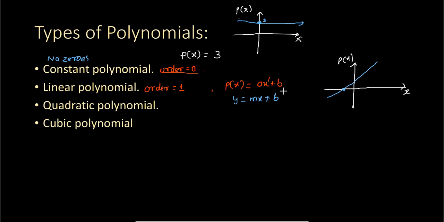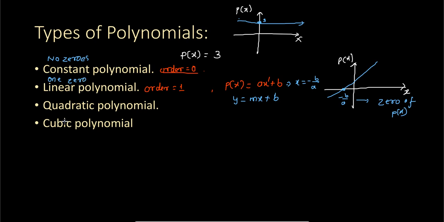You can find out the point also for this polynomial. That means x = -b/a is the point where this polynomial is intersecting the x-axis. And what is this -b/a? This is the one zero of p(x). So we have here one zero.